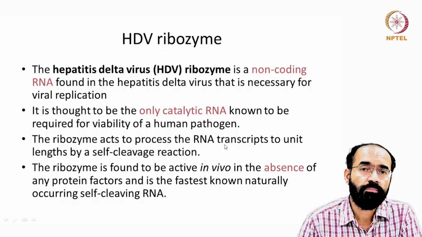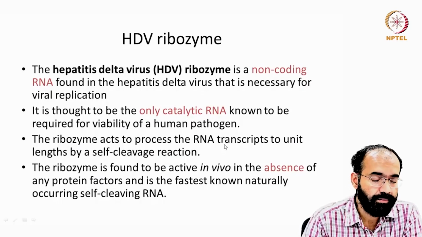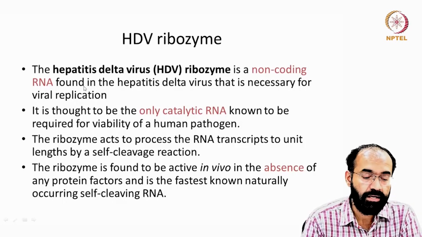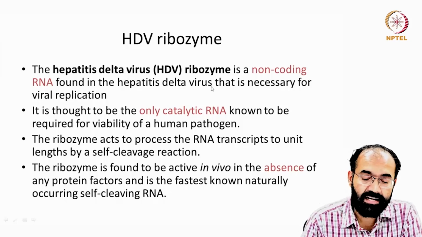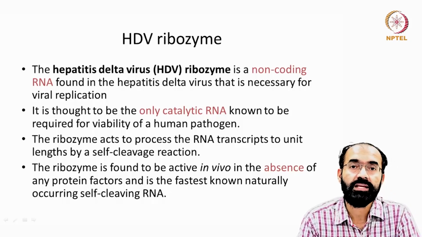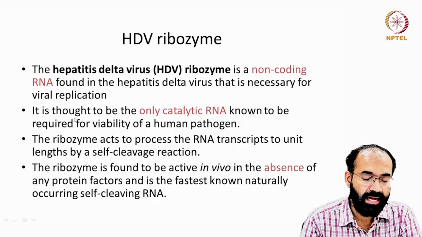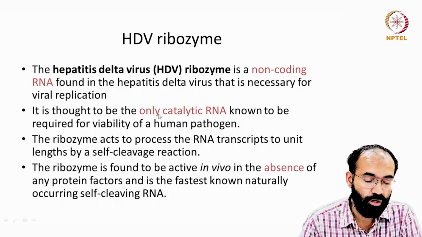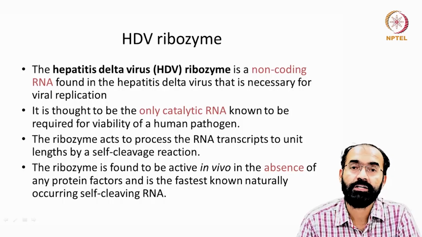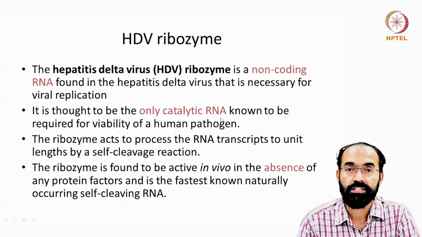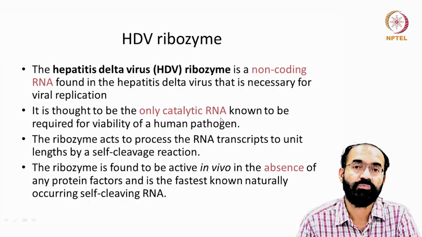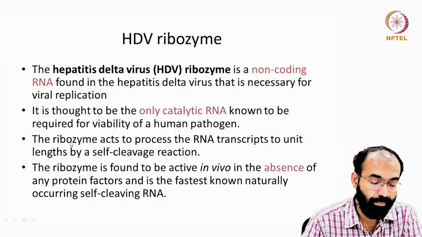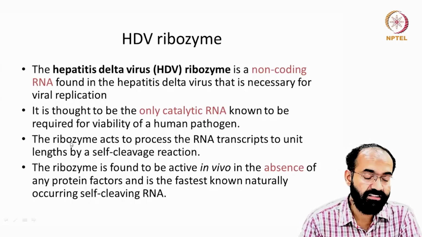Moving on to more details about HDV, the hepatitis delta virus ribozyme is a non-coding RNA found in the hepatitis delta virus that is necessary for virus replication. It is thought to be the only catalytic RNA known to be required for the viability of a human pathogen. So this catalytic RNA part is very important for the viability of a human pathogen such as HBV.